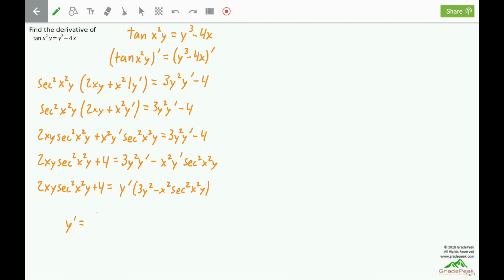And y prime will come out to 2xy secant squared of x squared y plus 4 divided by 3y squared minus x squared secant squared of x squared y. There's our derivative y prime.